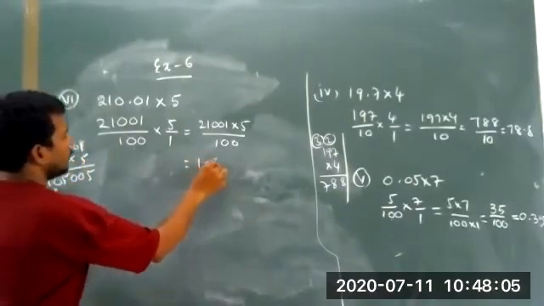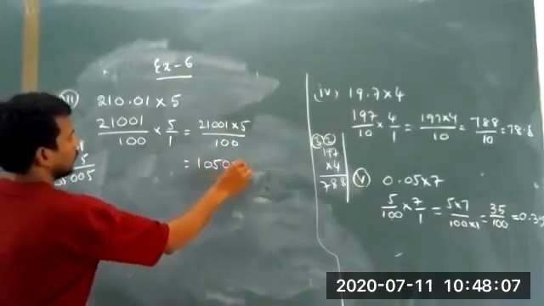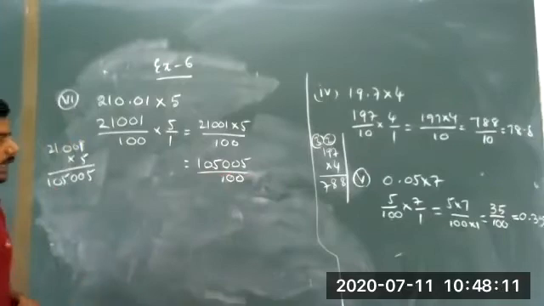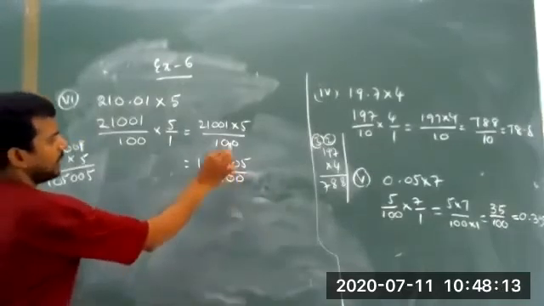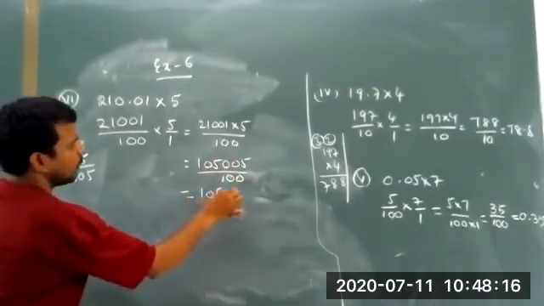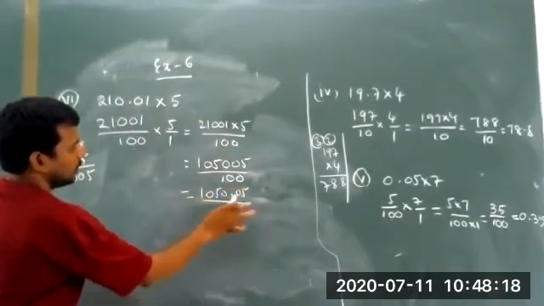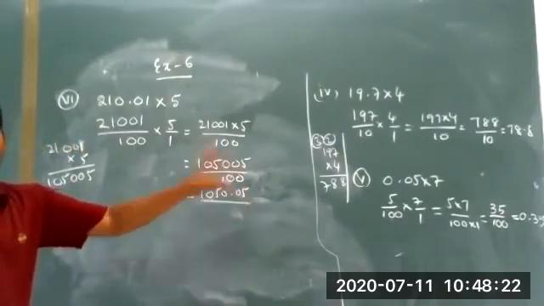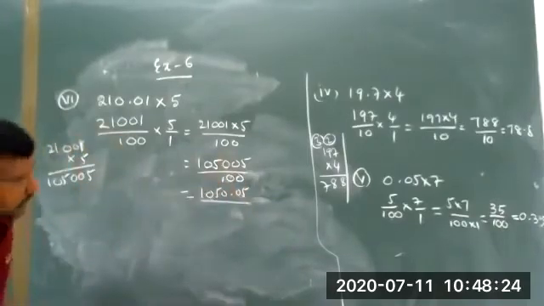So 105005 by 100. So this answer, the point here: 1050.05. That's the answer. Clear, children?